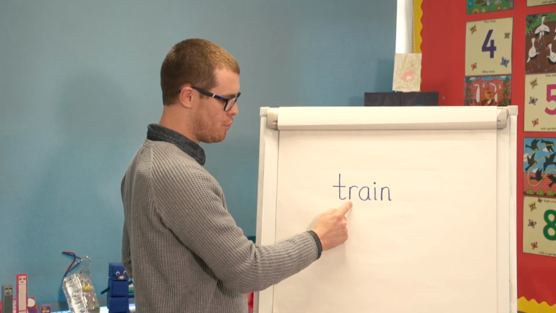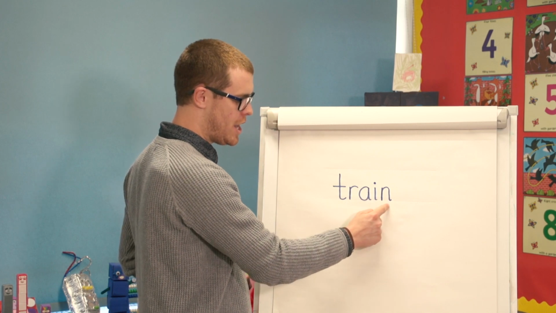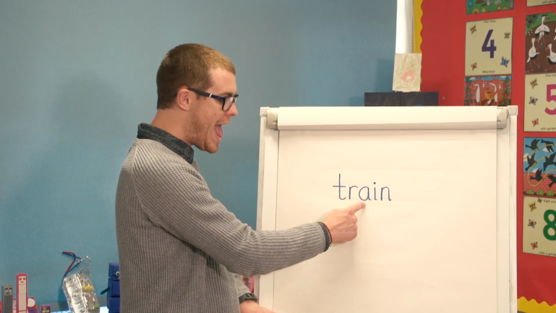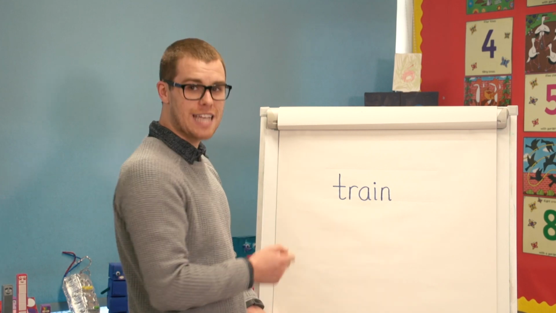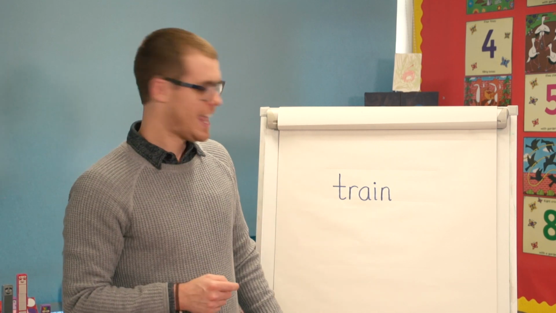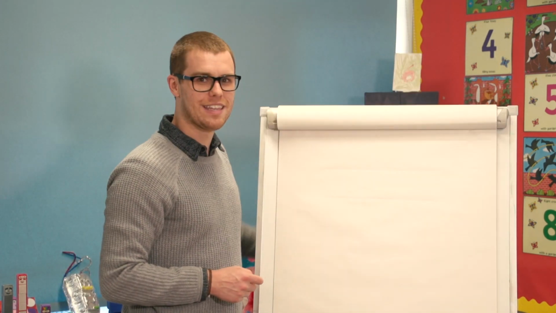T, R, A, N. It has 4 sounds, and I need to use AI because the sound A is in the middle of the word. Now you have a go.